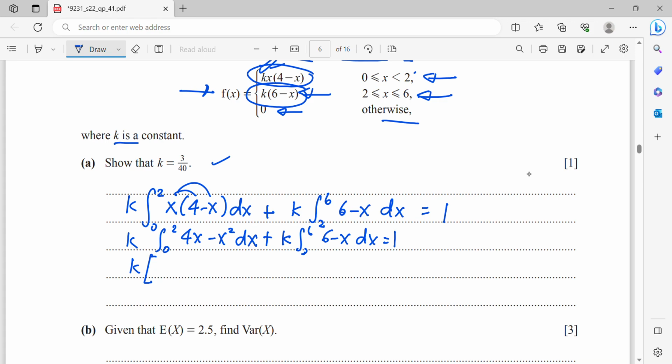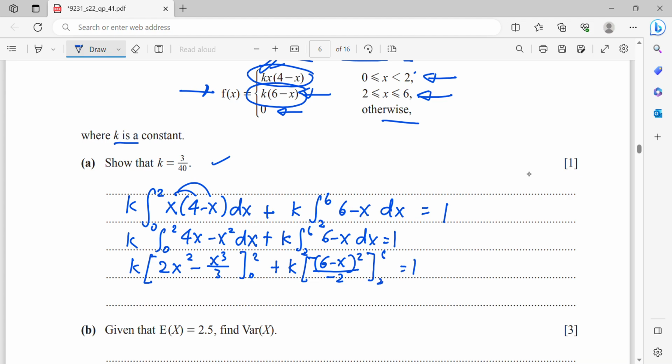Then I will just write 2x squared. Okay, the second term will be x cubed over 3, limits 0 to 2, plus another function is integrate 6 minus x, it will be 6 minus x squared over negative 2. Okay, then 2 to 6.